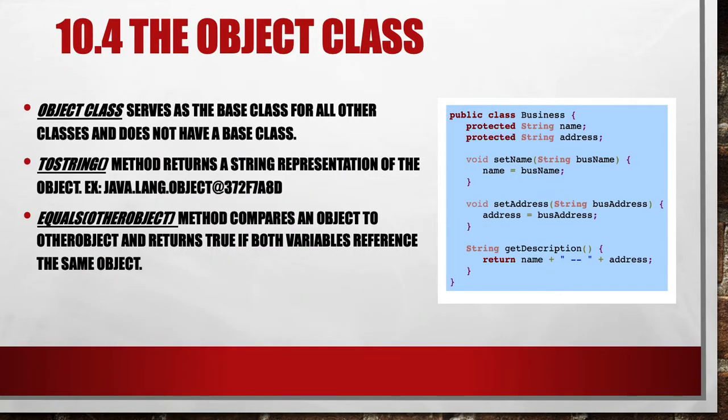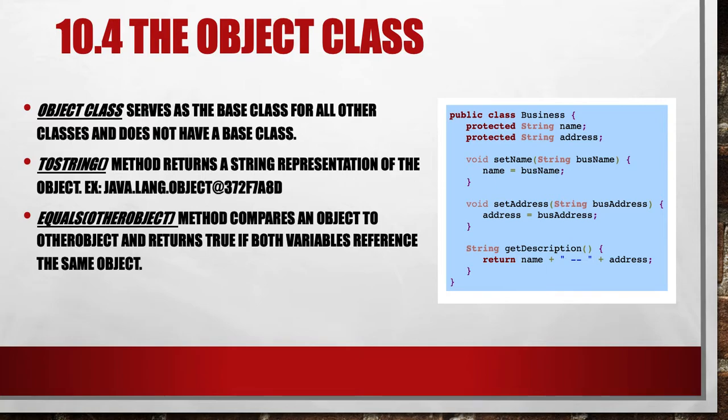10.4 is the Object class. In Java, we have the built-in Object class, which serves as the base for all other classes but does not have a base class itself.